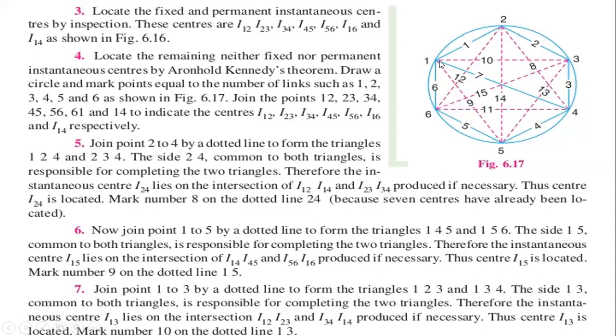So draw a dotted line from 1 to 3 to show that. And the side 1 3 is the common side for both the triangles.